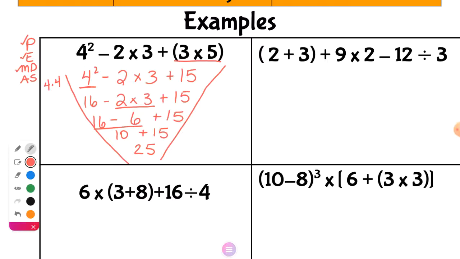Now, if we would have worked this one wrong, I'm just going to show you, you would not get the same answer if you work it wrong. Here, a lot of people want to do, don't change your answer because this is wrong, want to do that first because they say Aunt Sally. Aunt comes before Sally. Addition comes before subtraction, which is incorrect. What is 6 plus 15? 21.